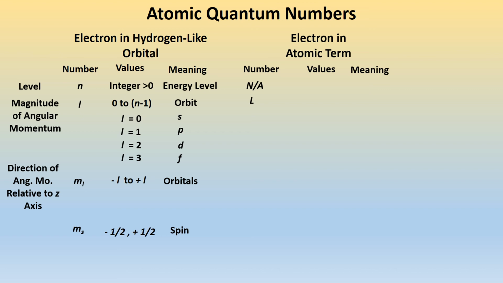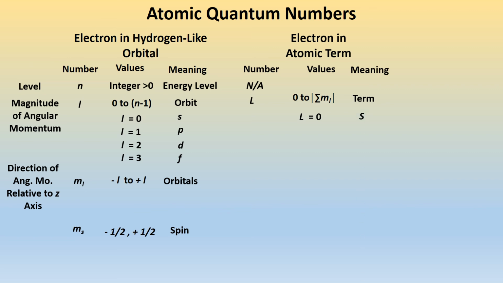The angular momentum, which for an individual electron is a lowercase l, in an atom is symbolized by an uppercase L, which is determined by any value from 0 up to and including the absolute value of all of the sums of the m sub l's, or all of the angular momentums of all the electrons. This defines the term.